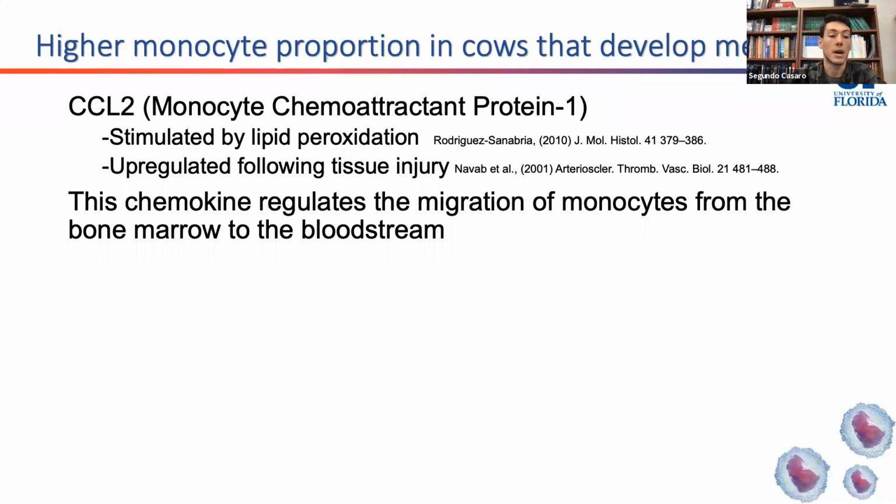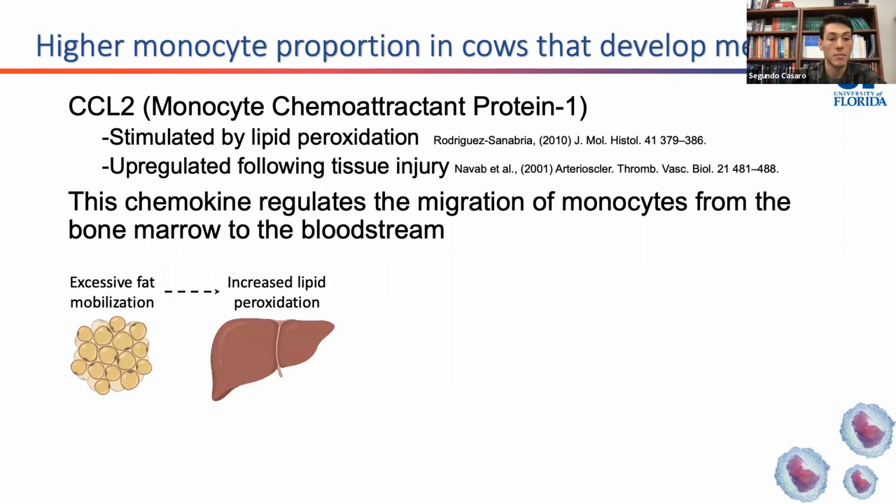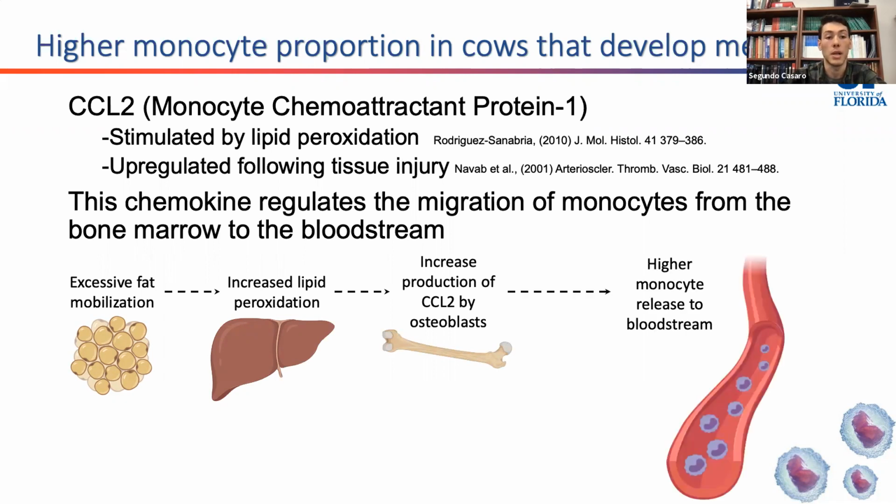So what we were thinking is that perhaps an excessive body fat mobilization in some animals will increase lipid peroxidation, and this is going to cause an increased production of CCL2 by the osteoblasts, which in turn will increase the monocyte release to the bloodstream, which could cause this higher monocyte proportion in the cows that develop metritis because of a higher inflammatory state. Another thing that could be happening, because CCL2 is also upregulated with tissue injury, is that calving per se could be causing the increase in the production of CCL2, which in turn will increase the monocyte production and release to the bloodstream. So that is regarding the monocytes.